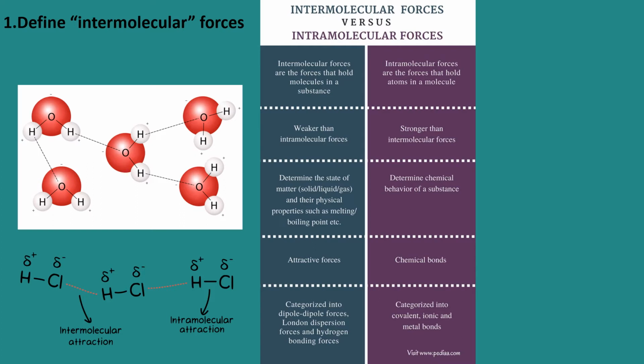Just like in batteries, they have the positive pole and the negative pole, using the Greek letter sigma. So each hydrochloric acid molecule has a dipole moment made up of one positive pole and one negative pole. Between at least two hydrochloric acid molecules is your intermolecular force of attraction, while between the hydrogen and chlorine, you refer to this as intramolecular attraction.